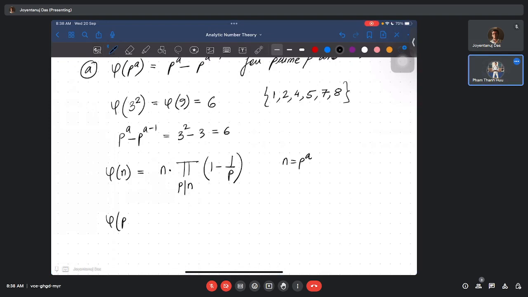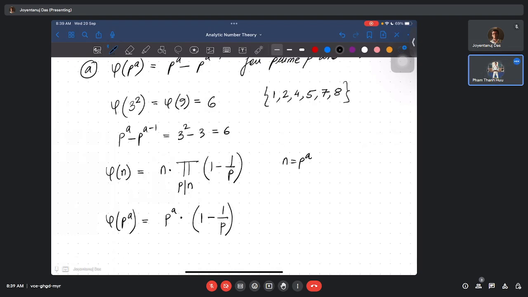It is p power a times the product over the primes dividing p power a of 1 minus 1 over p.